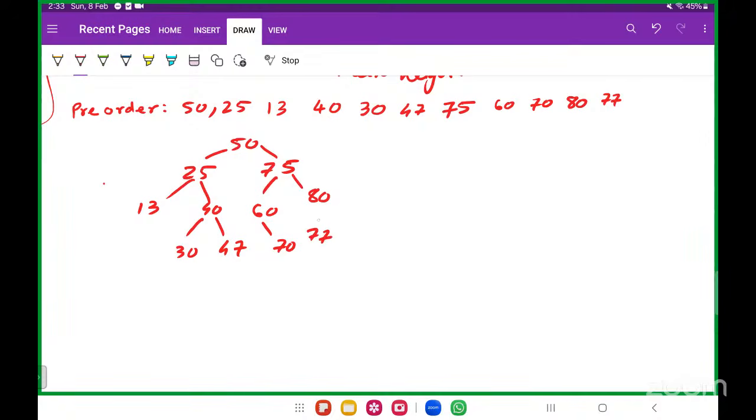So just to take the post-order traversal of this, what is the position of 60 in the post-order traversal?